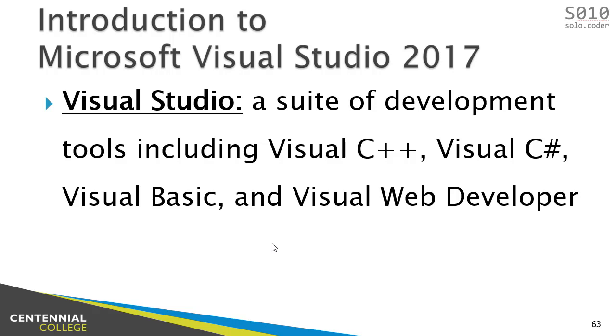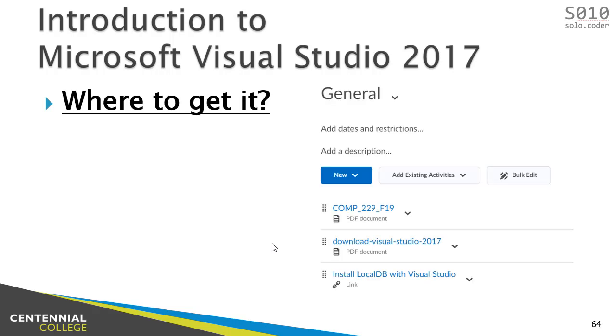What I want to show is how you can get 2017 on your laptops. In the stations here, it's all available, but if you want to download it, the instructions are available on eCentennial.